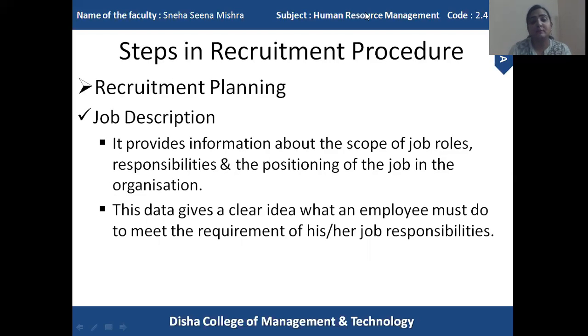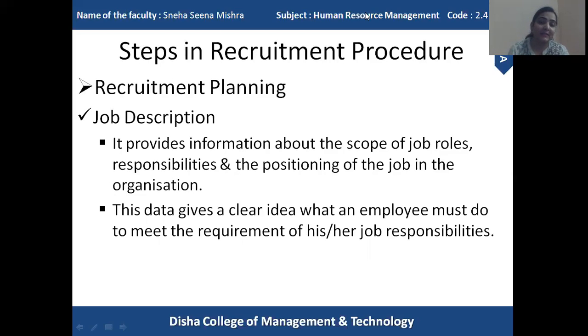In order to perform a job, in order to do various activities, first of all you need to understand the requirement of the job. How crucial is your job towards the organization? What kind of position you are within the organization?